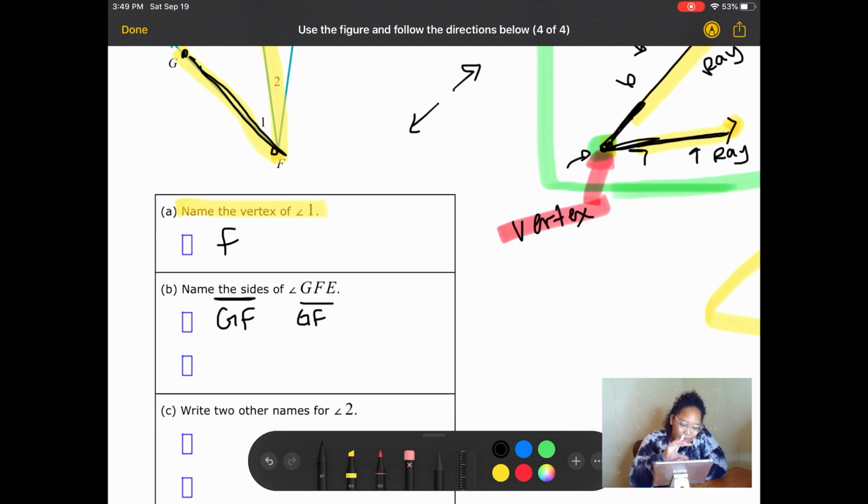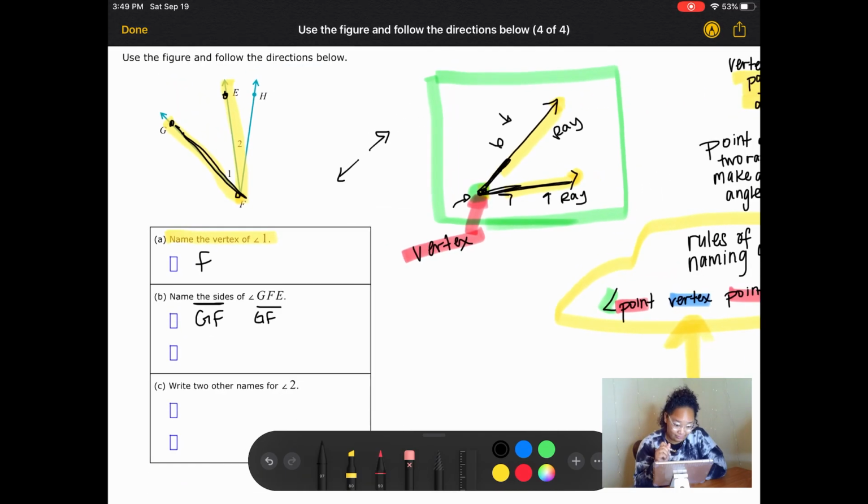You would put that line on top of it. I know that looks just like the repeating line, but in geometry, with its very, very specific rules, that means the line segment. Then you look at the other side, so you have this one right here and this one over here. That is FE. So these two lines together make up that angle.